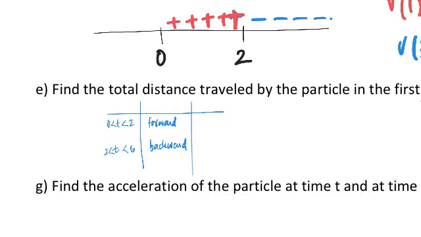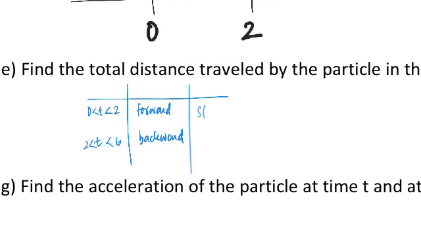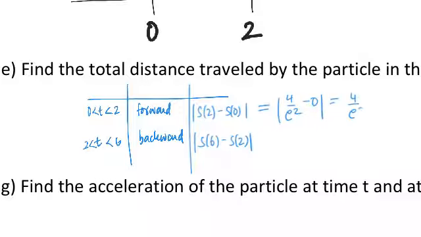So we're going to do s of 2 minus s of 0 and do an absolute value, and then we'll do s of 6 minus s of 2 and do another absolute value. So s of 2 minus s of 0, I believe, comes out to be 4 over e squared minus 0, which is 4 over e squared.